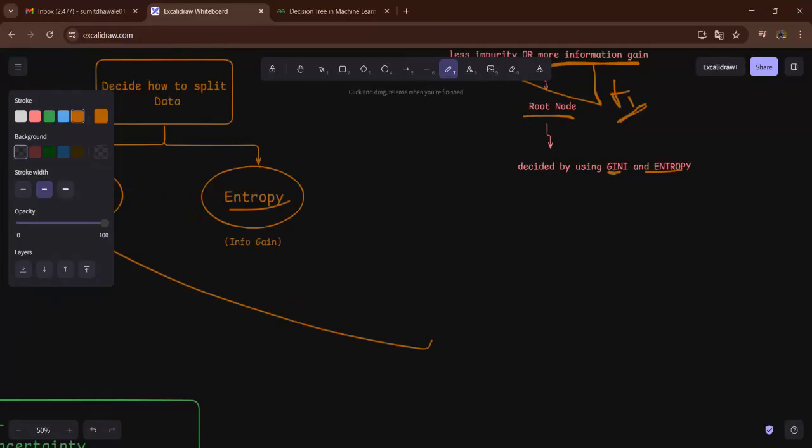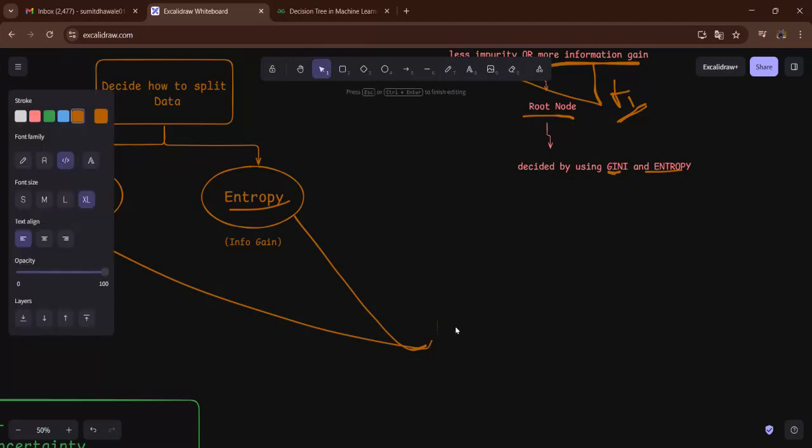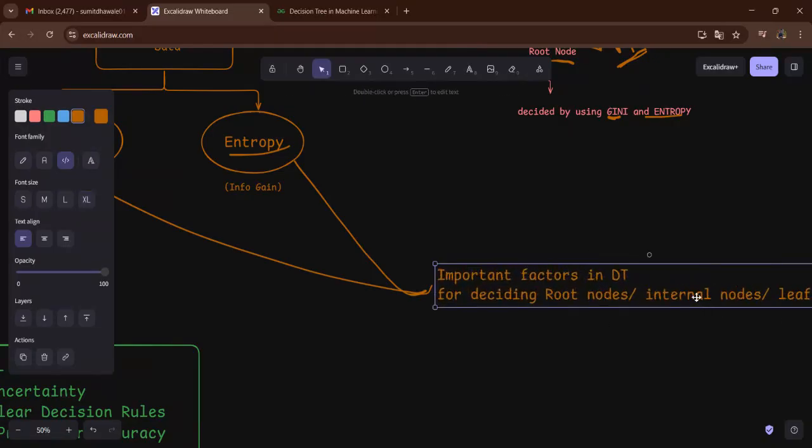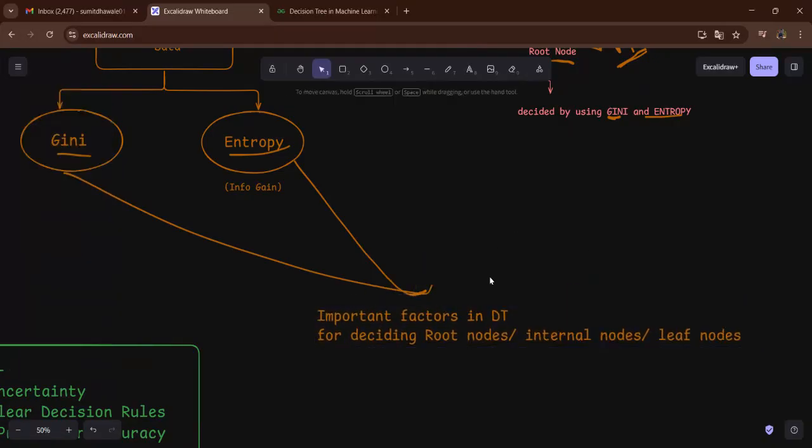These are the two main important factors in a decision tree for deciding root nodes, internal nodes, or leaf nodes. Based on these things, the decision is taken.